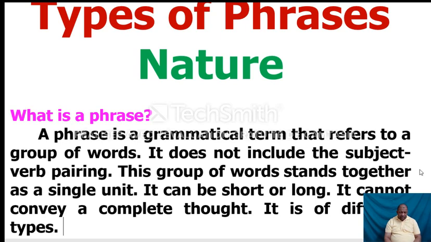Also, it cannot convey a complete thought. So the idea or the meaning of the idea of this phrase is not complete. So what you should retain now is that a phrase is a group of words that is subjectless and verbless.